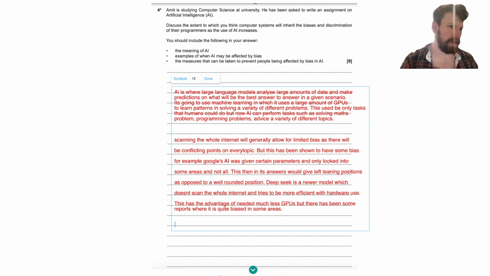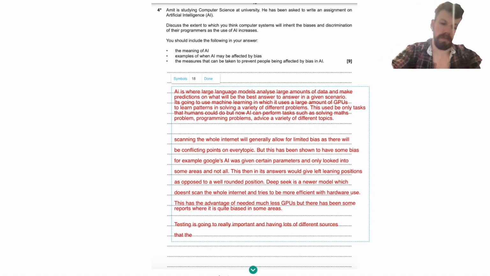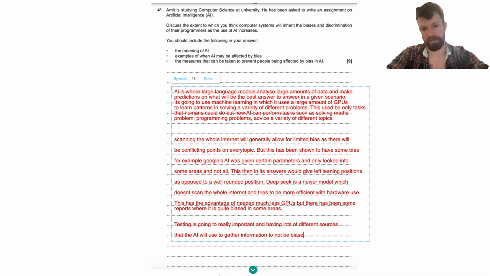And what we need to talk about is how we can essentially put this right. So testing is going to be really important, and having lots of different sources that the AI will use to gather information to not be biased.